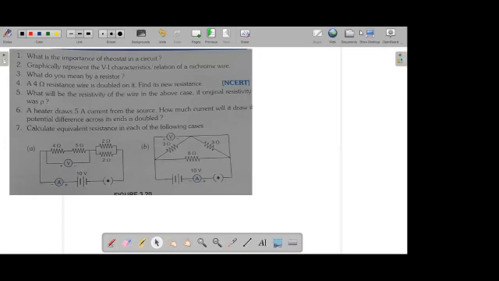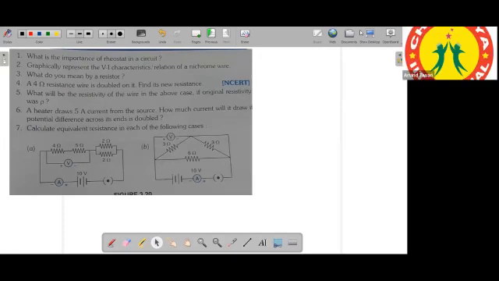It's a device that produces resistance. A resistor is an electrical device which offers a high resistance to the flow of current.